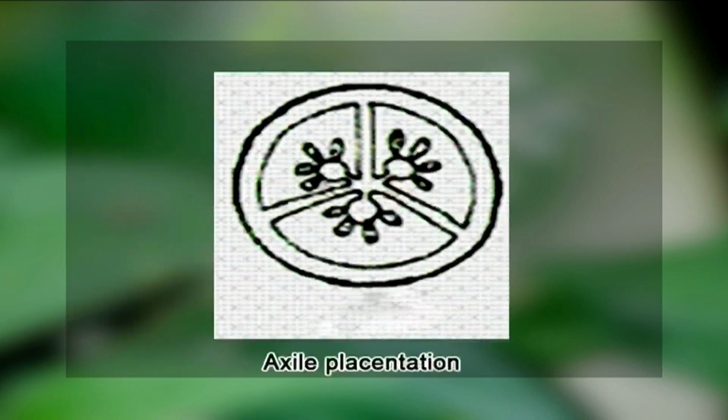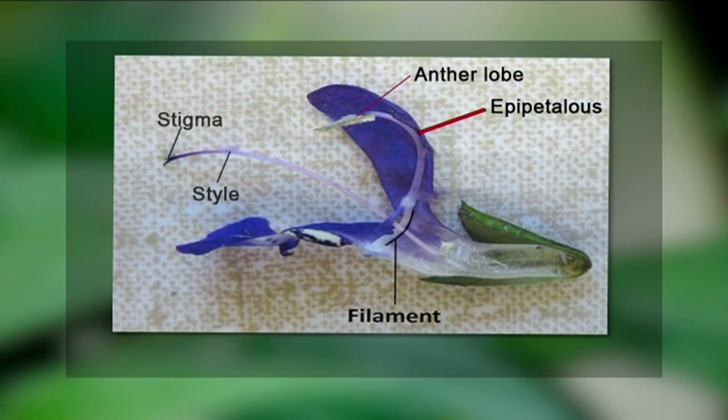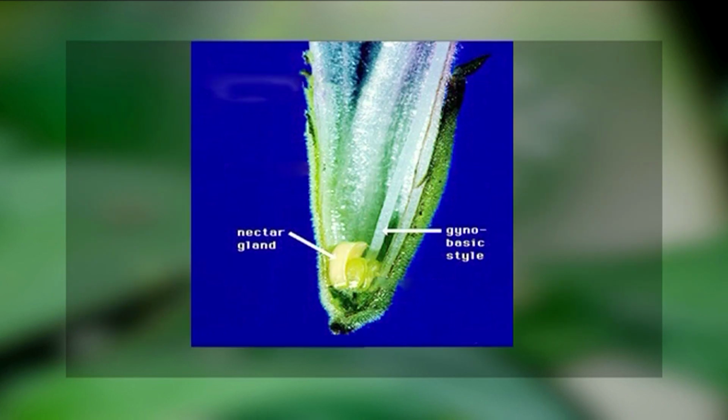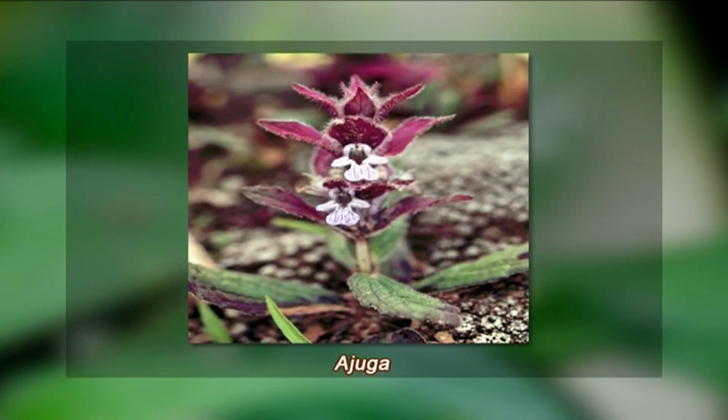The ovules are anatropous, unitegmic and tenuinucellate. The placentation here in Lamiaceae is characteristically axile. The style is solitary, often apically double branched. That means we have a 2-branched style. It is gynobasic, and very rarely it can also be terminal. Example is here ajuga.